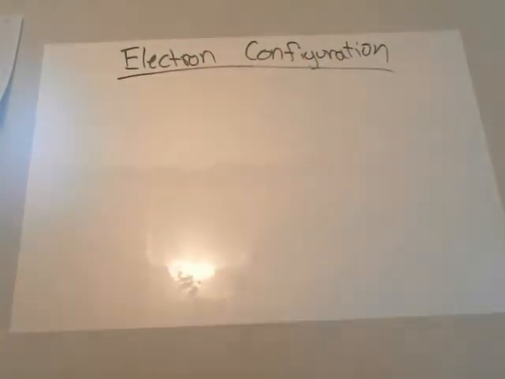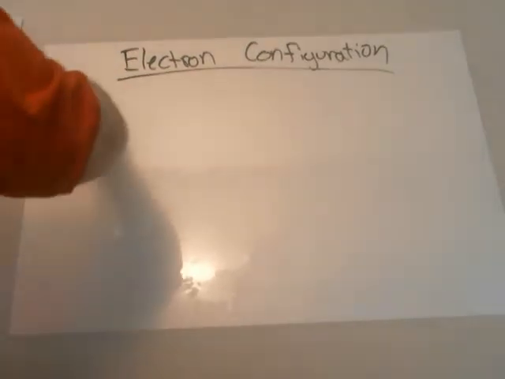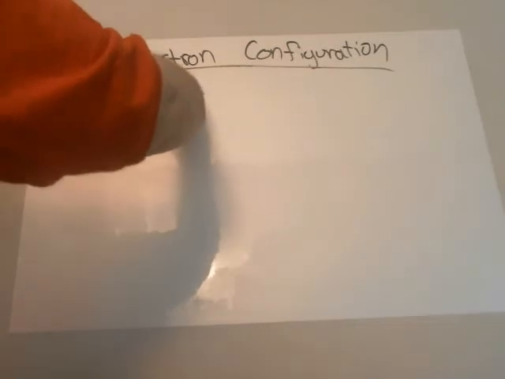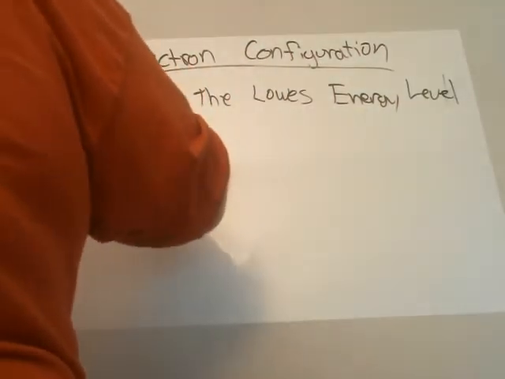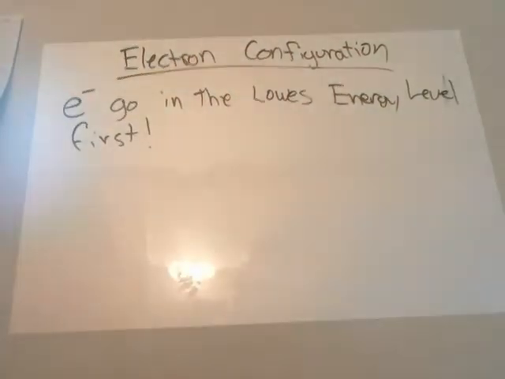When we're doing electron configuration, the key here is that electrons go in the lowest energy level first. Which is why the periodic table that I gave you is broken up the way that it is. It's broken up into your blocks, and it's broken up into energy levels.